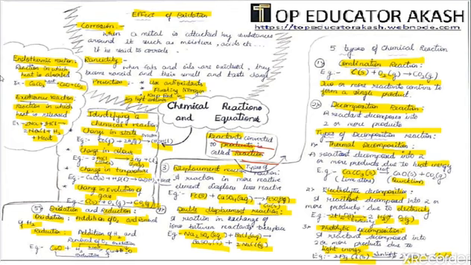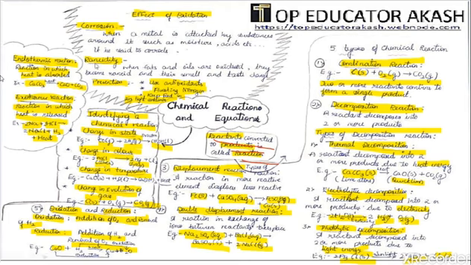When the metal comes in contact with oxygen, the oxygen reacts with it and forms a depositional layer. For example, Fe plus O2, when it reacts, rust is formed, Fe3O4, ferric oxide.